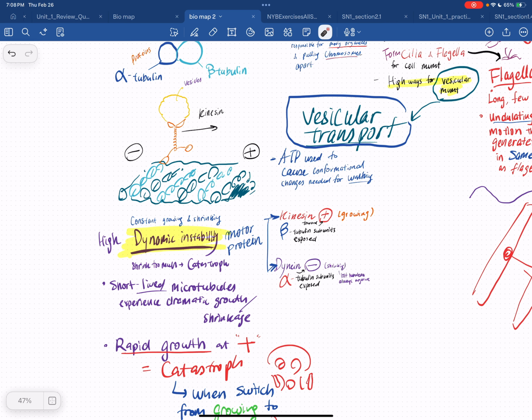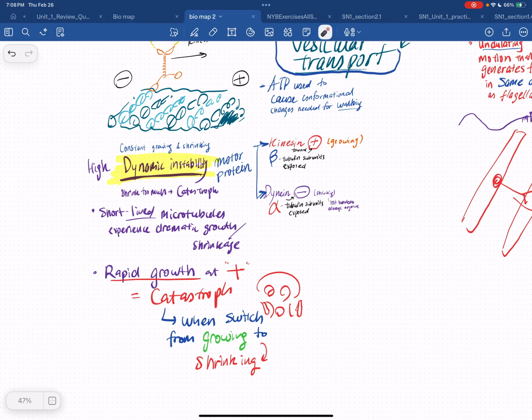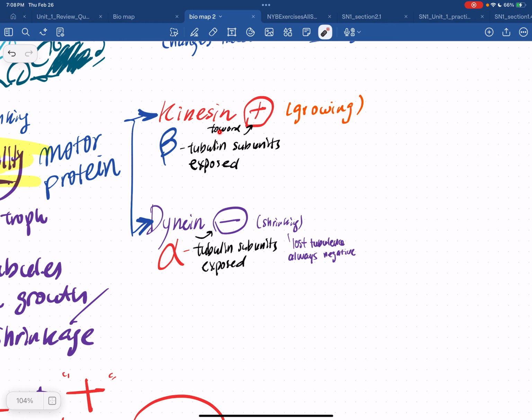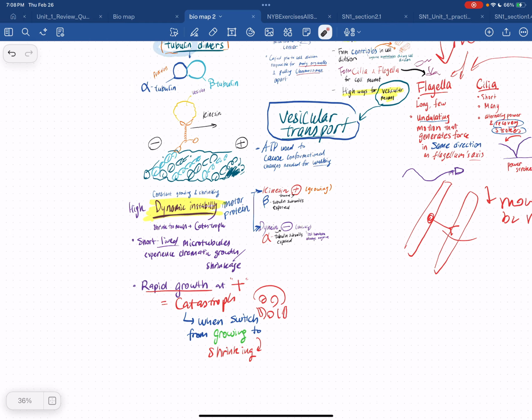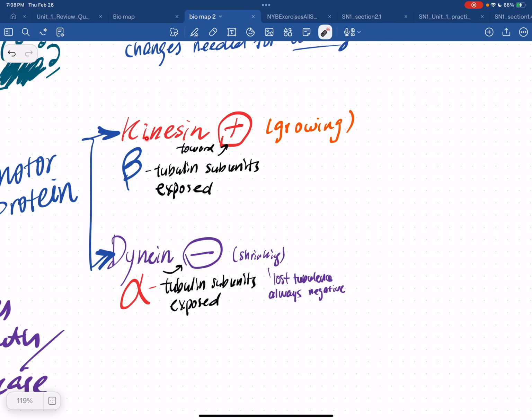ATP is used to cause the conformational change needed for walking for these kinesins and dyneins. They look like this. They're like walking stuff. They're super cute. Kinesins walk toward the plus, the growing side, and dyneins walk toward the minus, which is the shrinking side.